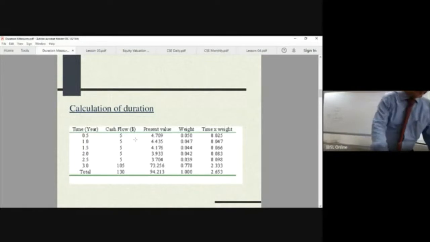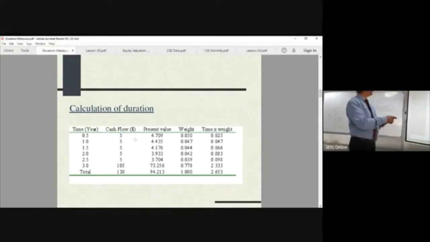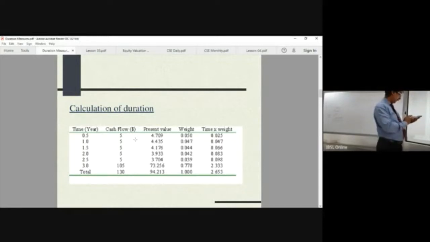Just check and see whether it comes like that. 4.709 divided by 94.213 comes to 0.0499. For 3 decimals, 0.050.